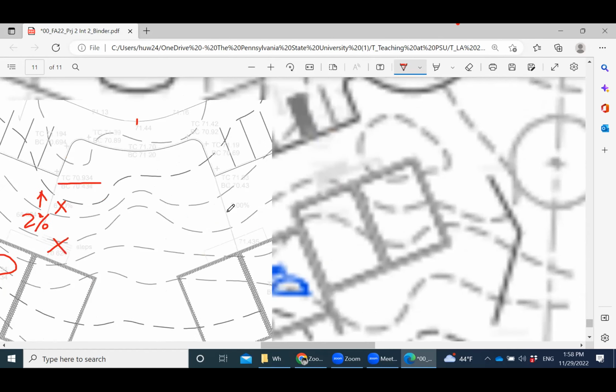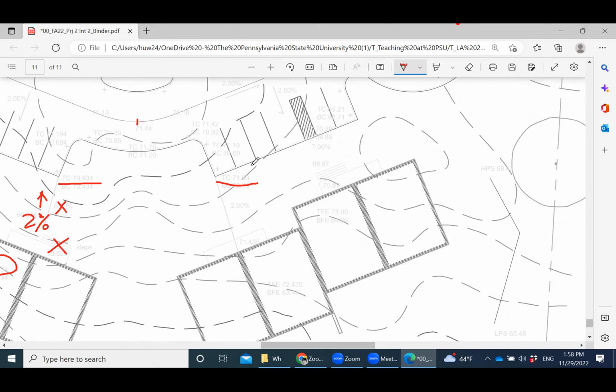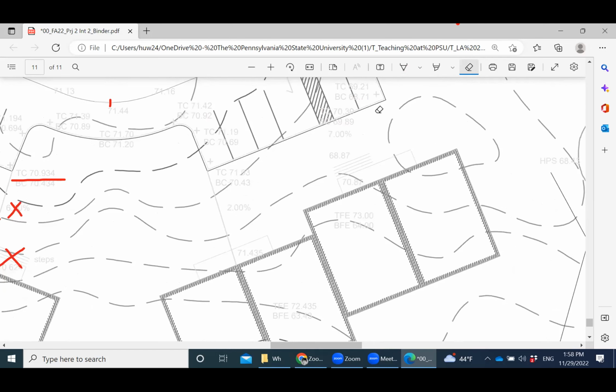For this portion, for the third house, if the 71.93, no, should be 70.93. Okay, let me go back. If your bottom of the curve is 70.43, your TC would be 70.93. So it's not a 1.5 difference there. So one of the numbers here is not correct.